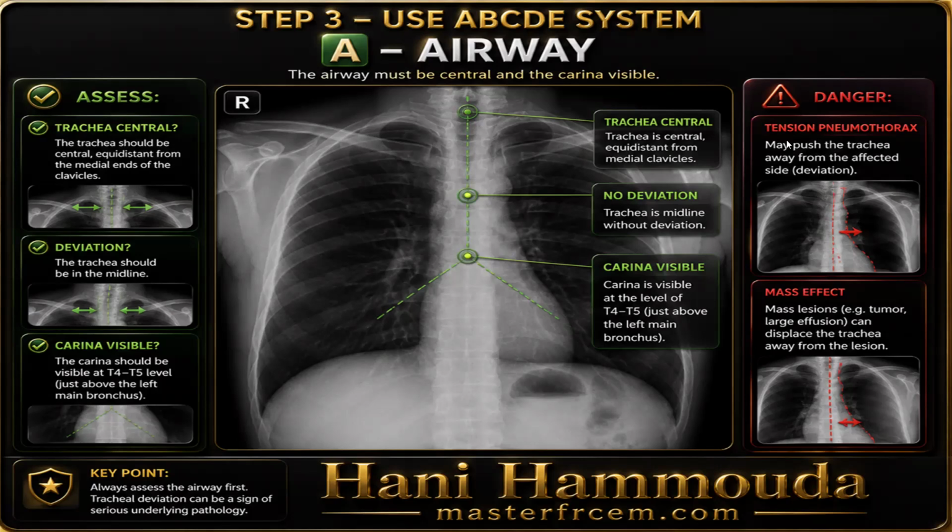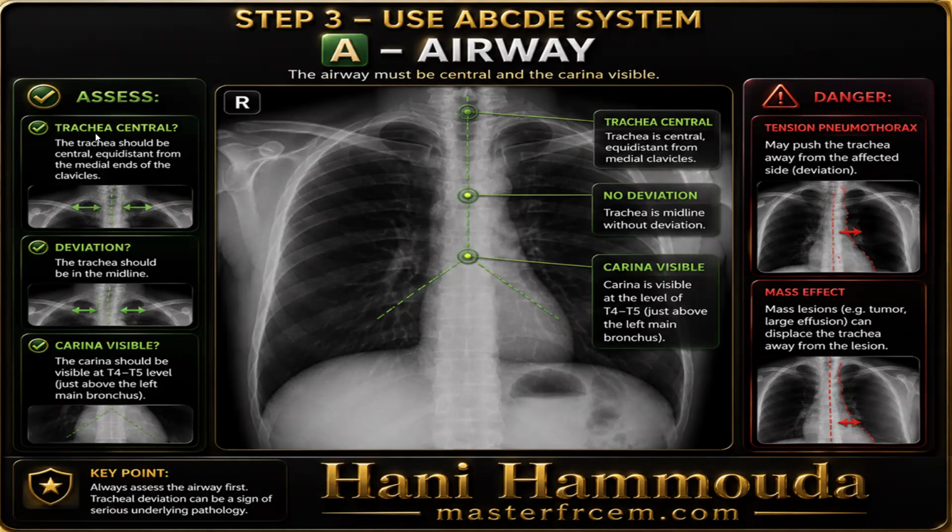In a normal X-ray, you should see the trachea central, whereby the spinous process is in the middle of the trachea, and the lung borders are not pushed to any side. So you know the trachea is central, and also the mediastinum is not pushed to any side. Again, the trachea is central.